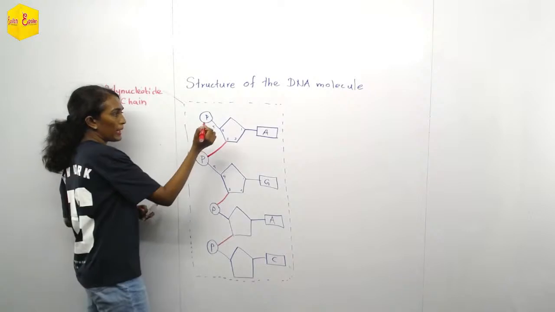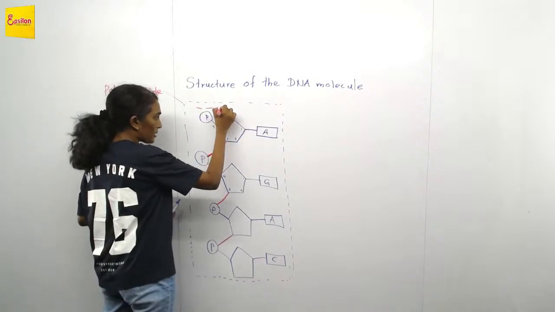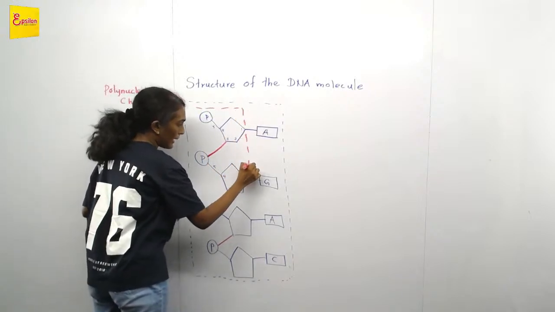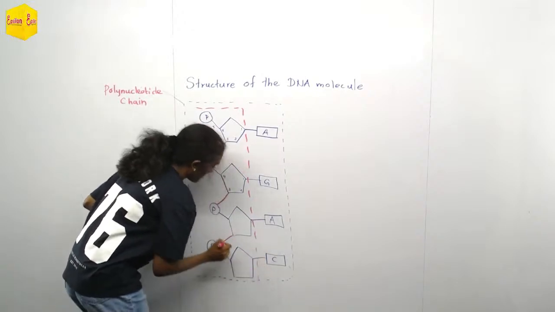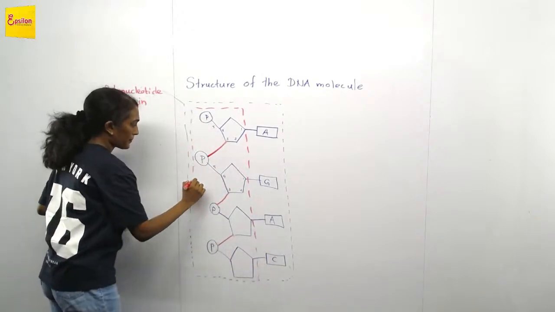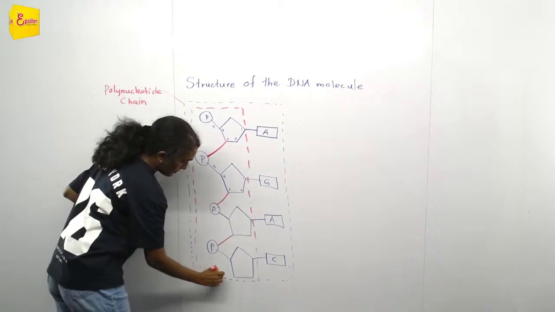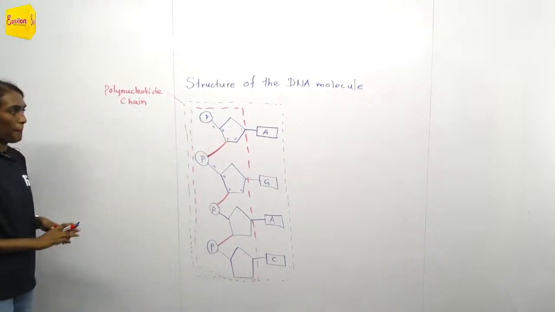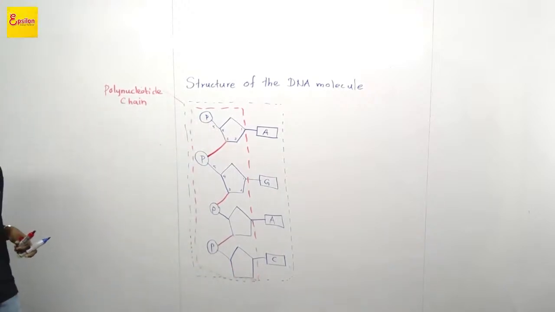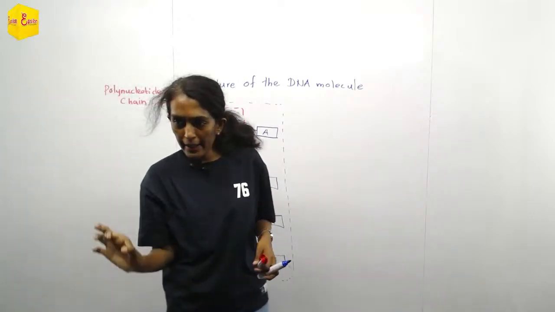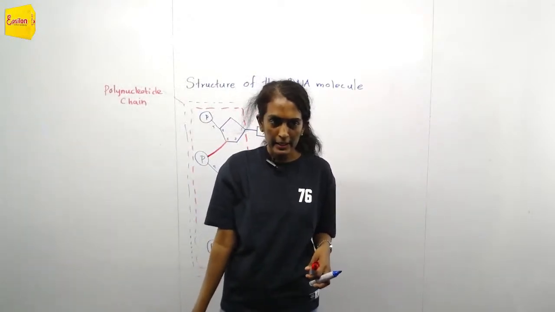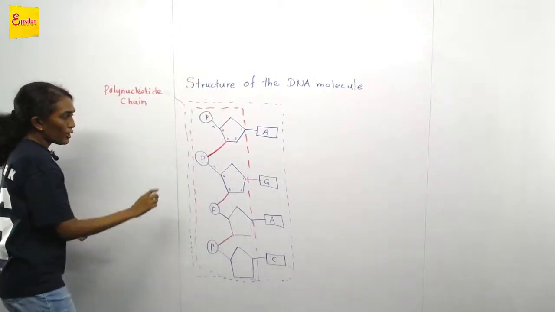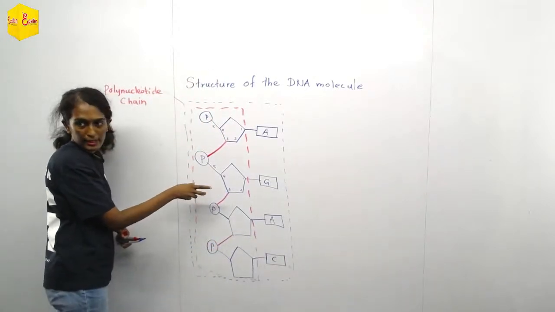Then here I'm taking only the pentose sugar and the phosphate group here. This is forming the outside of the helix. That we call sugar and phosphate components.